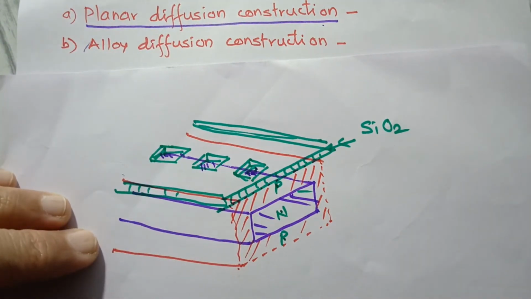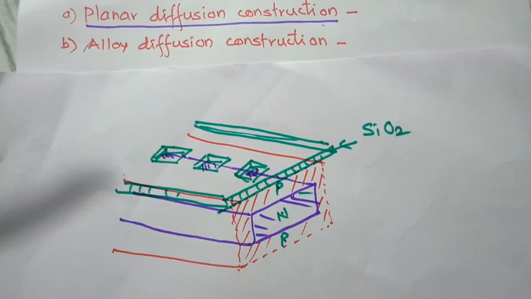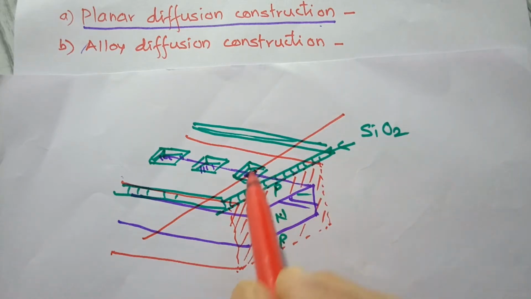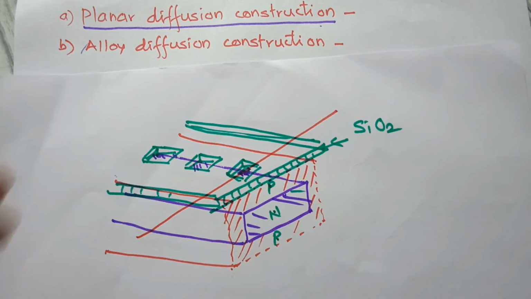Now this bigger slice or wafer, it's cut here. It is cut across this line in this plane. If I cut this slice in this plane, what will happen?